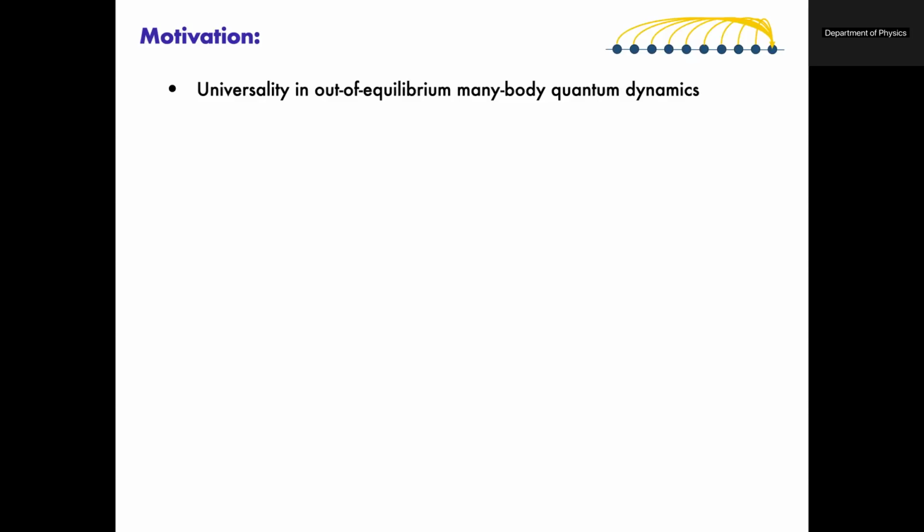Essentially, it's a problem of quantum dynamics. You want to see how these fluctuations behave as a function of time. The idea is to see what kind of universality I can understand by looking at the dynamics of number fluctuation.